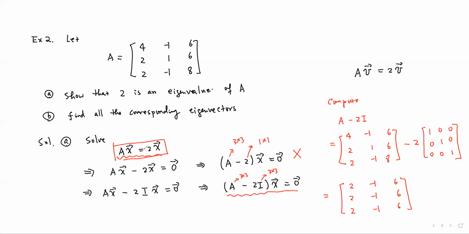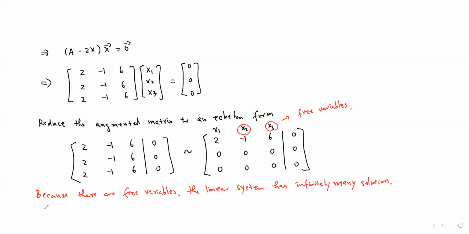By definition, 2 is an eigenvalue. So the conclusion is that 2 is an eigenvalue of the given matrix. This is the solution to part 1.